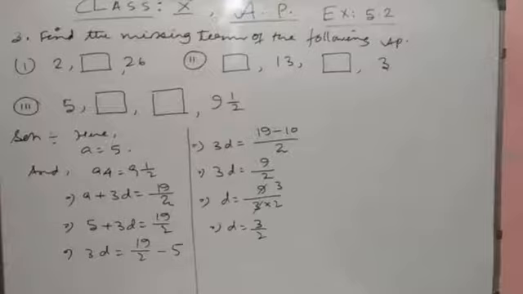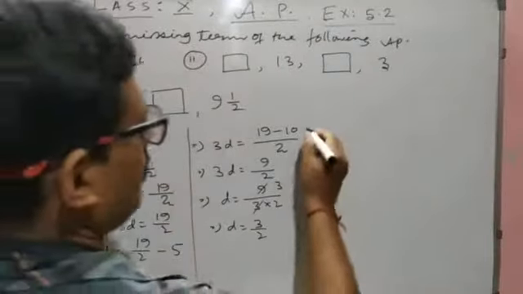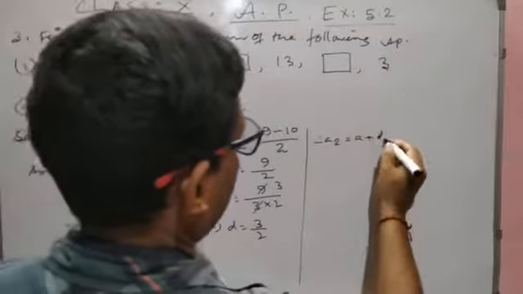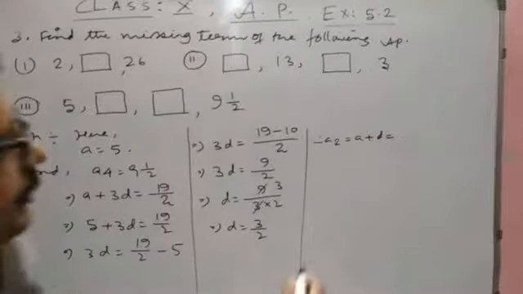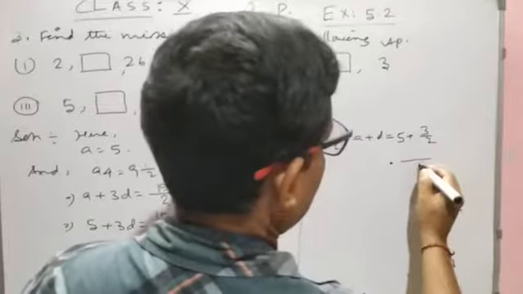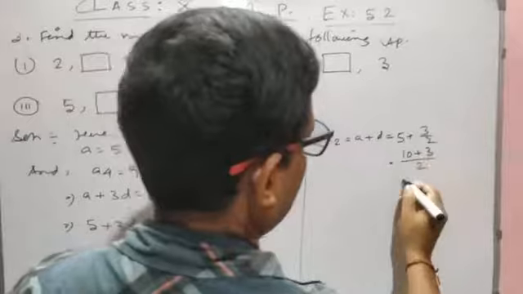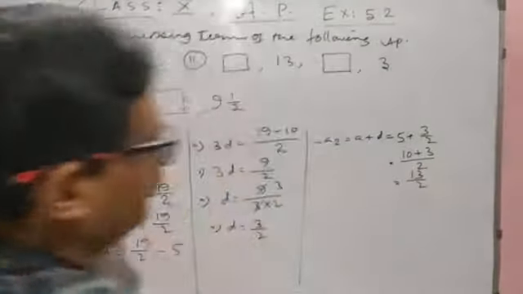Now you got d equal to 3 by 2, then we need to find out the second term and third term. Therefore second term a2 equal to a plus d. a means 5, d means 3 by 2. 5 plus 3 by 2, taking LCM 2, it will be 10 plus 3 equal to 13 by 2.